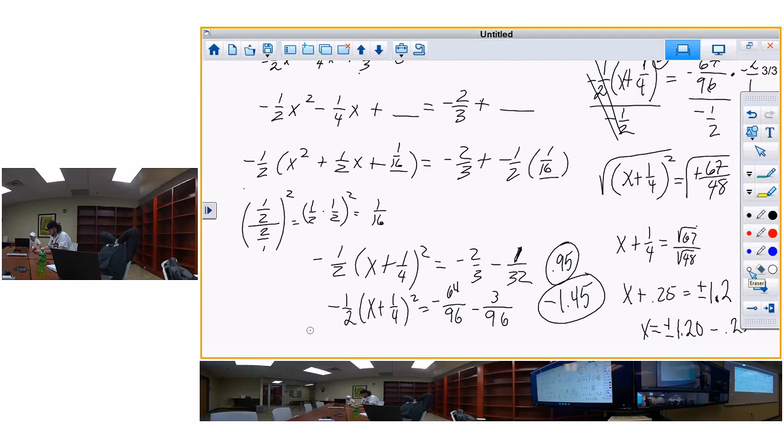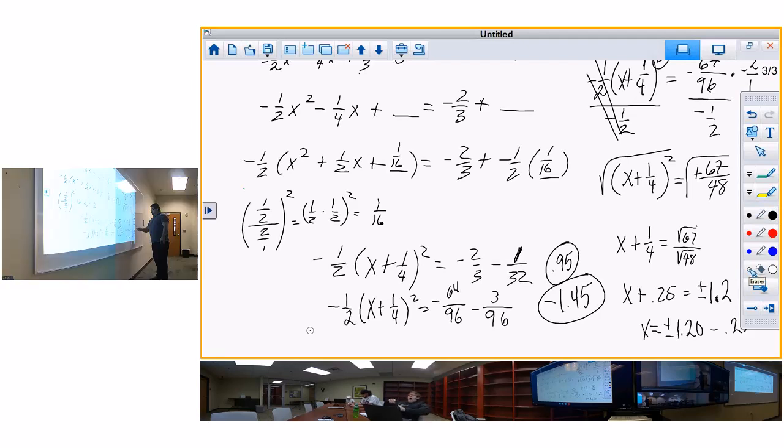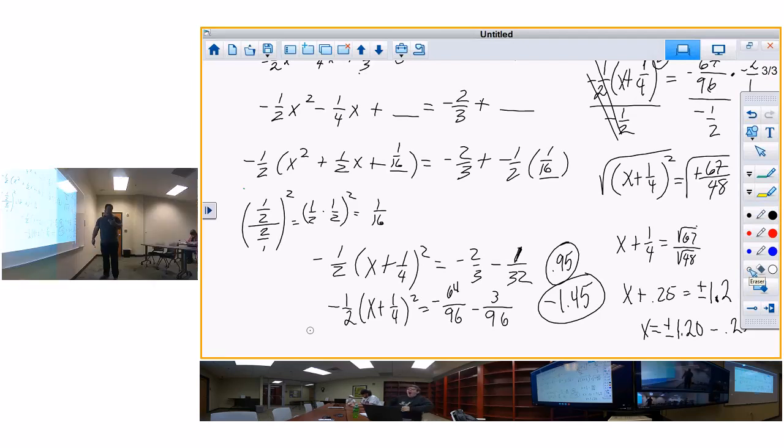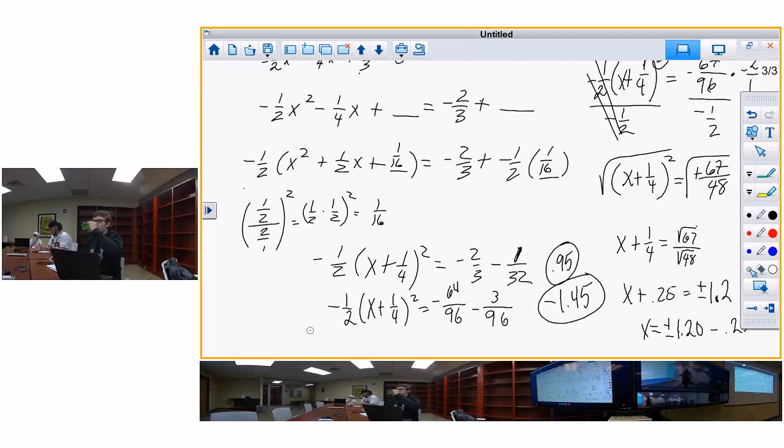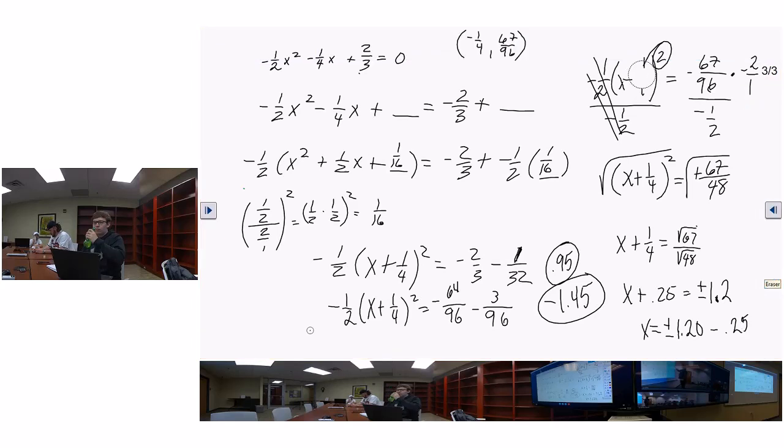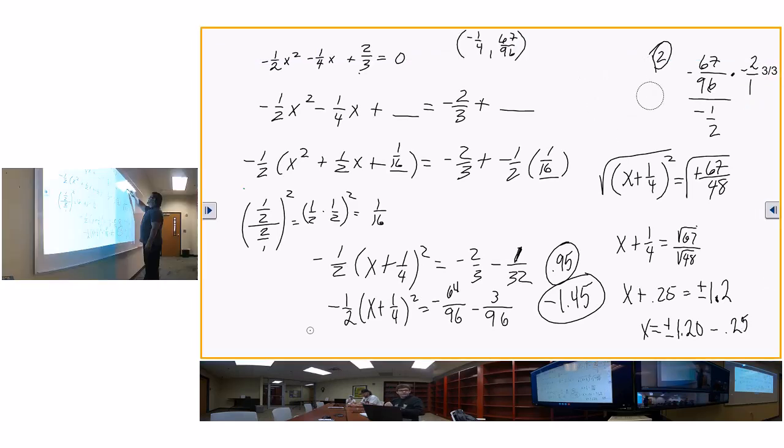I guarantee you there's a lot of people in this classroom who didn't think they could do a problem like this. You can do a problem like this. It's that you weren't taught. We're told to use a calculator and not use critical thinking.